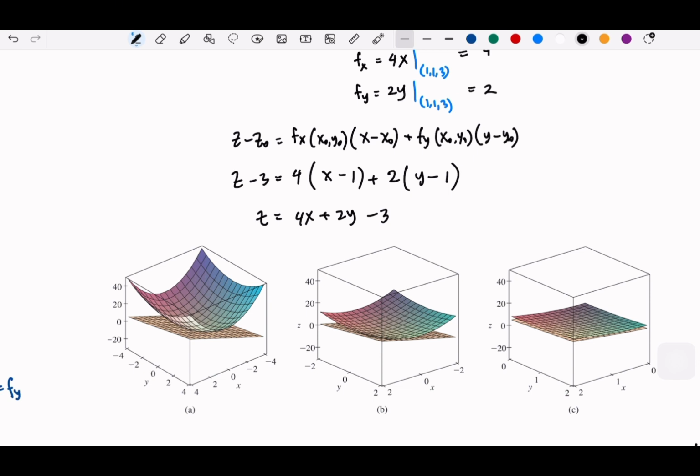Same thing we can do for this part here. We can approximate the surface as long as we are nearby this point (1, 1, 3), right? Maybe the difference can be in decimals, maybe 0.0 something. That is quite small, so it can be approximately the same as the surface.